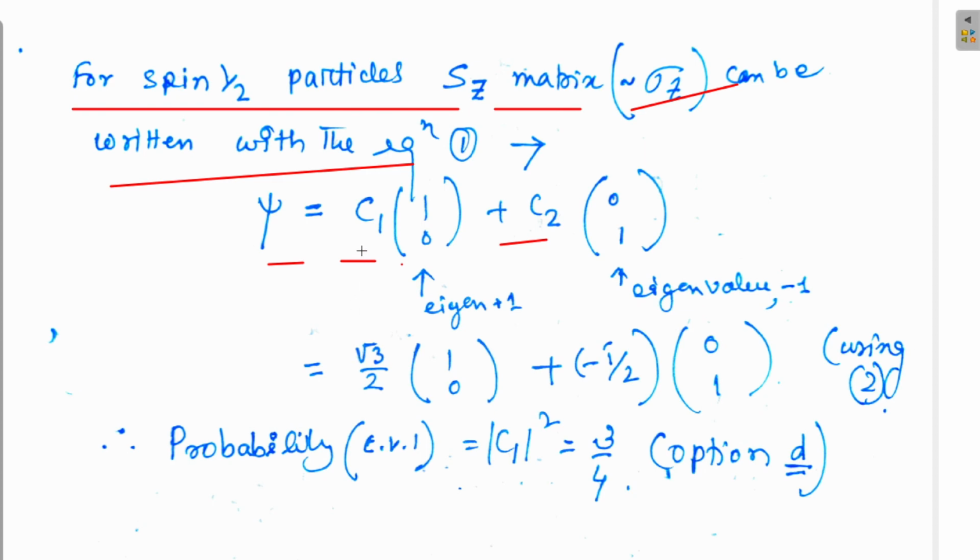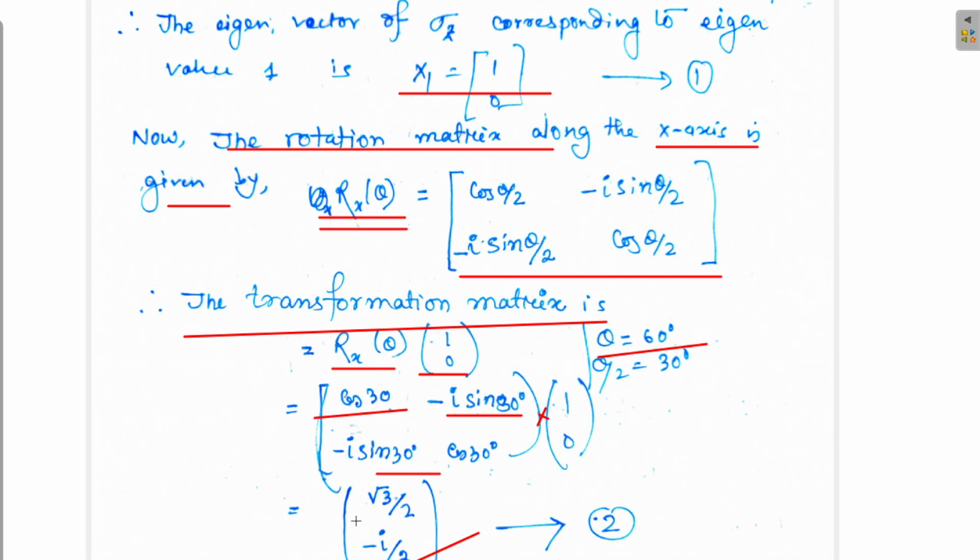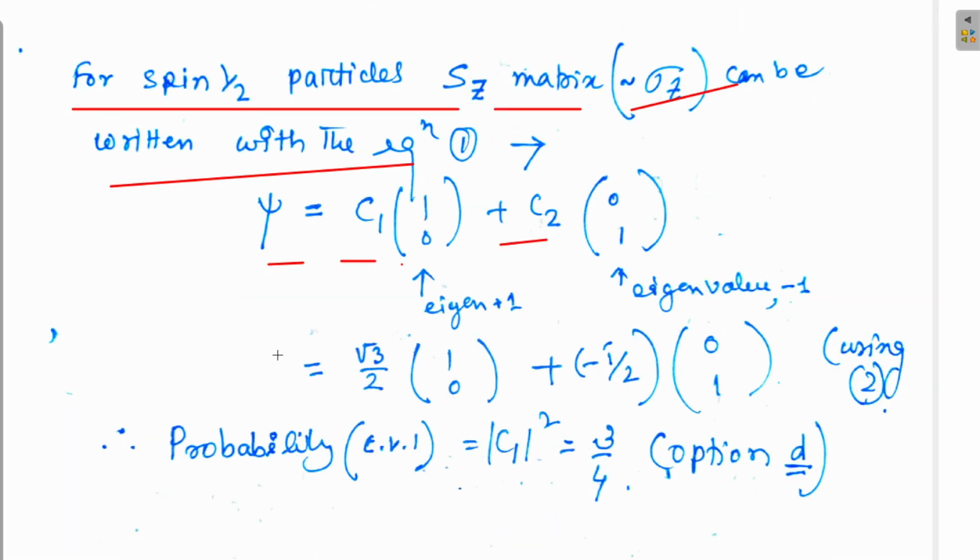By comparing equation 2, this transformation matrix, with the general formula of psi for spin half particles, the value of C1 can be written as root 3 over 2 multiplied by the matrix (1, 0).